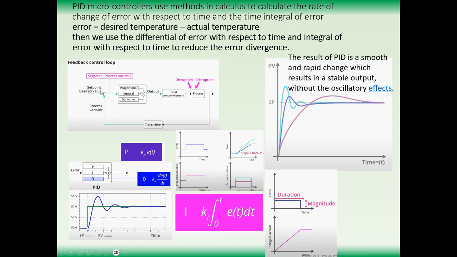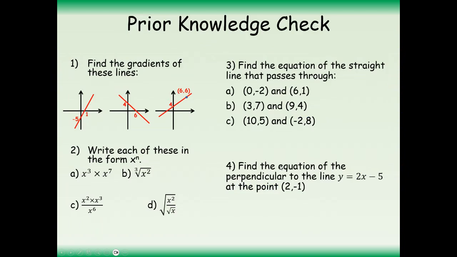As you see here, that blue line has a tiny bit of overshoot, maybe half a degree, and within a few microseconds the oscillation comes down to a smooth path where the desired temperature is 51, for example, in this bottom left graph. Of course, we wouldn't be going anywhere near such processes, and we're not going to be discussing the theory of PID microcontrollers. The point is for you to know that it has real life applications.